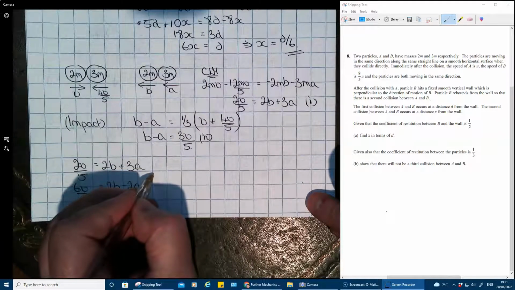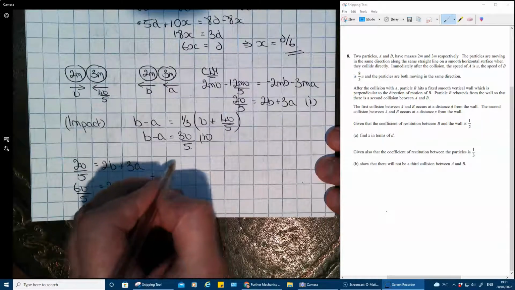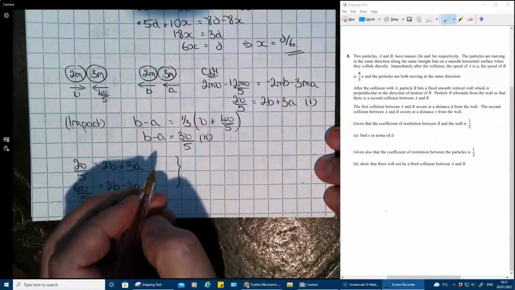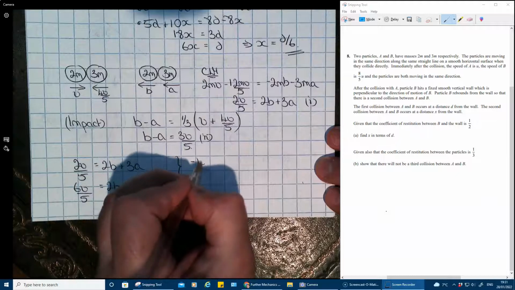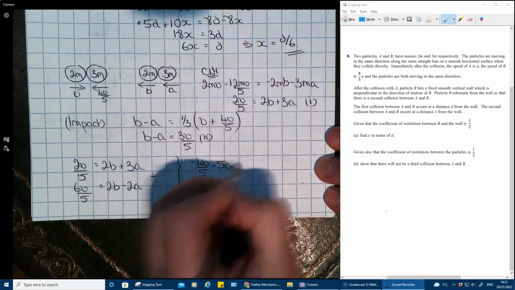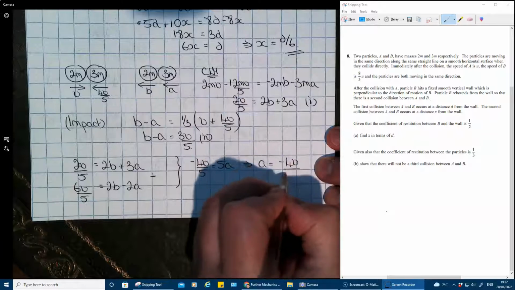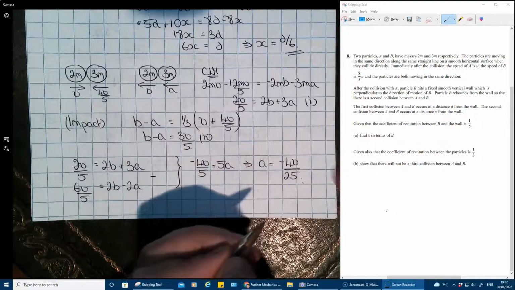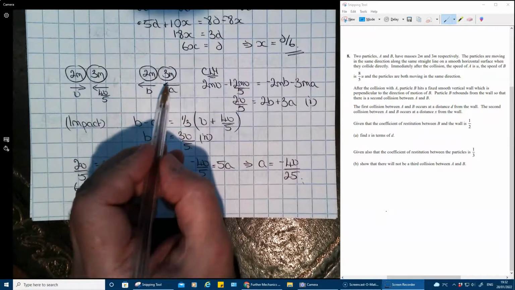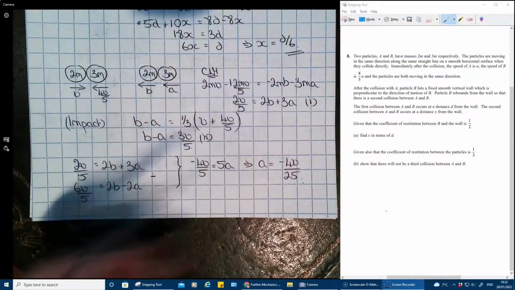And then we're going to take one away from the other, so the b's cancel, and that leaves us with minus 4u over 5 equals 5a. So we've got a equals minus 4u over 25, okay, which immediately tells us in my original drawing I had a going to the left, whereas in fact, because it's negative, it will be bouncing off.